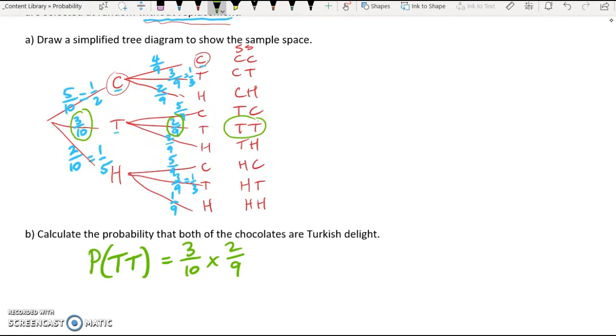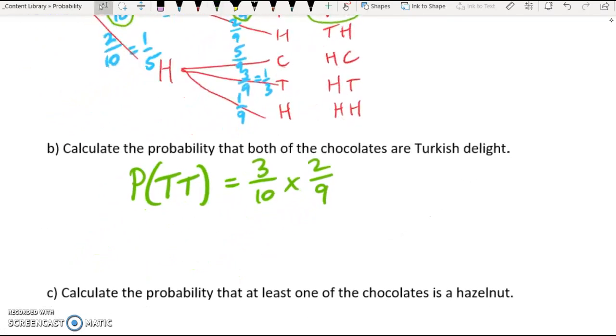Now, a lot of people reach for the calculator there. You really shouldn't need to reach for the calculator here. You should be able to simplify this fraction. So we have a look and we say, okay, 3 and 9, remember you can simplify diagonally like this. 3 goes into 3 once, 3 goes into 9 3 times, and 2 goes into both 2 and 10. 2 goes into 2 once, 2 goes into 10 5 times.